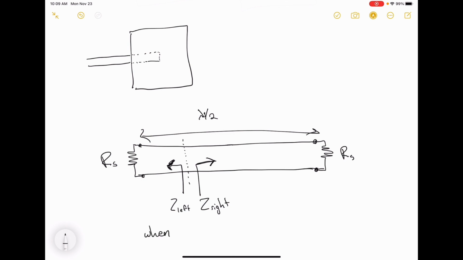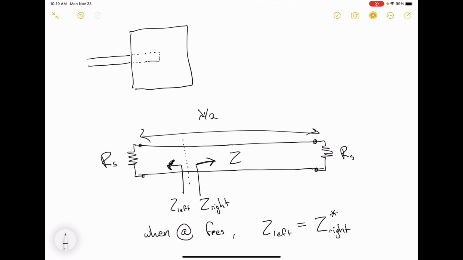So when you are at the resonant frequency, the input impedance of the left-hand side is equal to the complex conjugate of the input impedance of the right-hand side. So no matter where you put your feed point, the input impedance of this thing is going to be purely real, and then you can tune the magnitude of your input impedance by sliding that feed point around. And this is basically the transmission line model of the patch antenna.